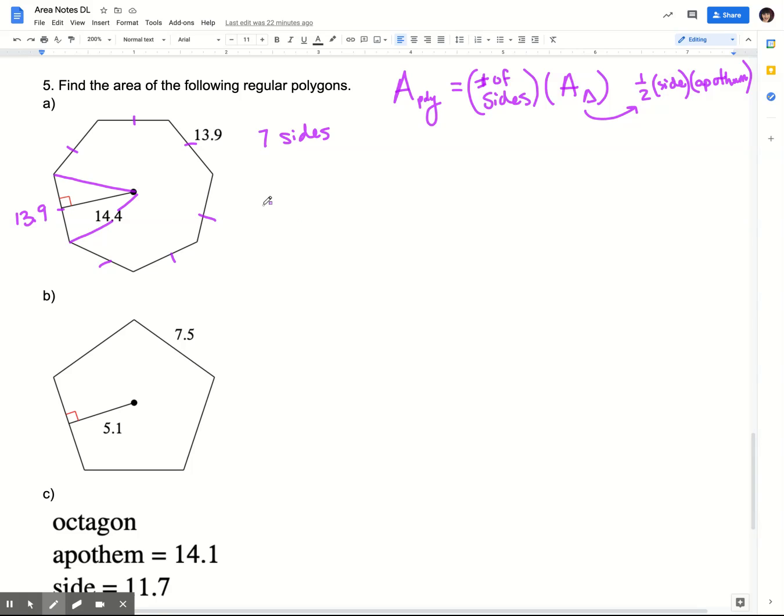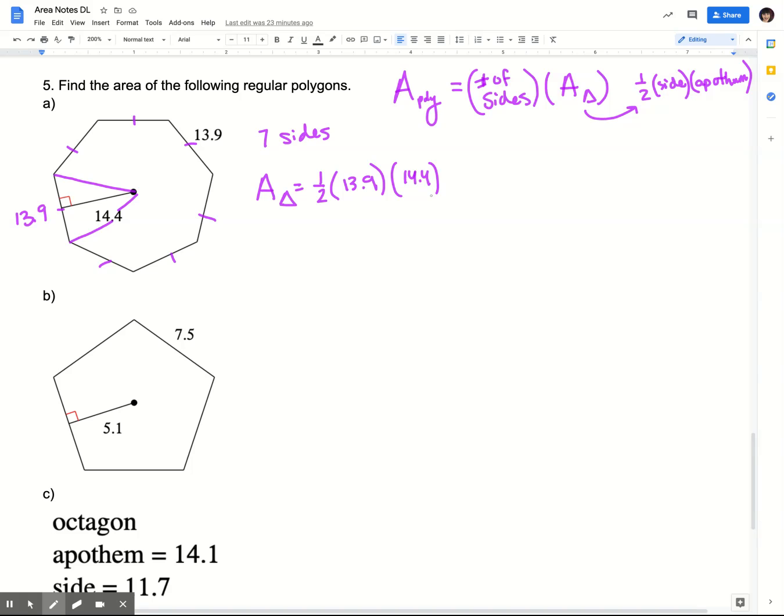For this, I'm just going to plug this information directly into my formula. The area of one of those triangles is 1/2 of the base, which is 13.9, times the height of that triangle, or the apothem, which is 14.4. Especially because I'm dealing with decimals, I don't really want to do all of that in my head, so I'm going to plug that directly into my calculator.